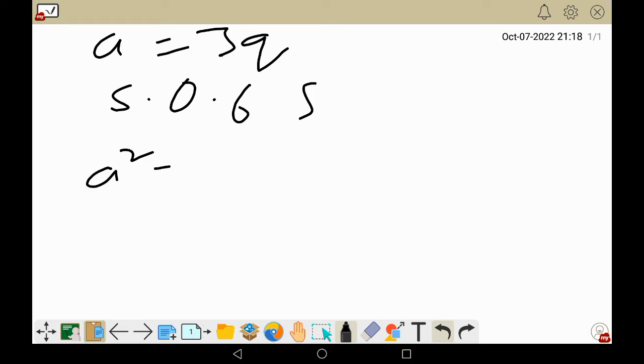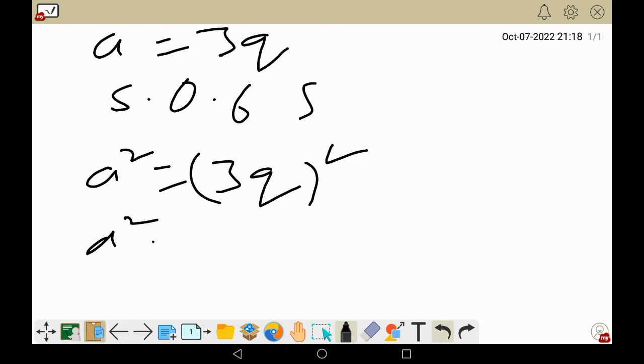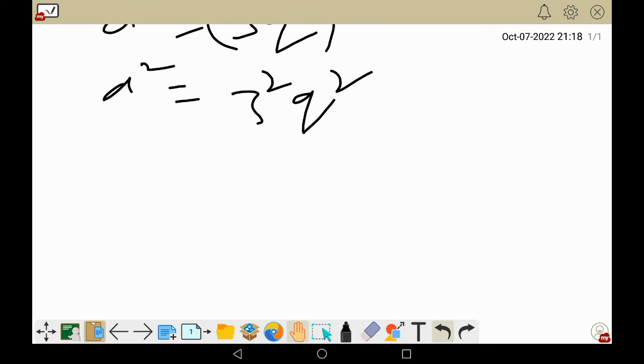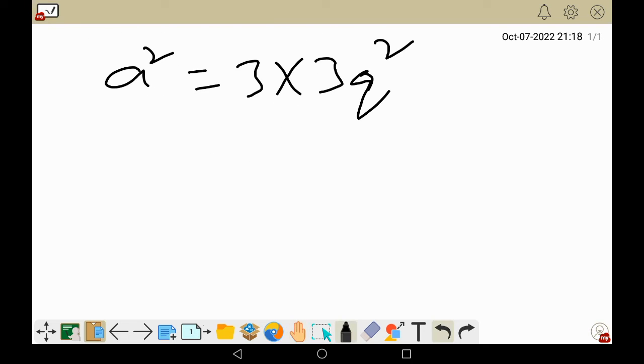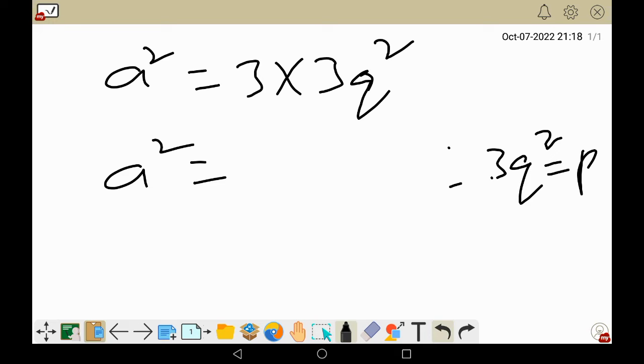A square is equal to 3q square, which is 3 square q square, which is 3 into 3q square. Therefore 3q square is equal to p. In the place of 3q square we put p. So case 1 is done.